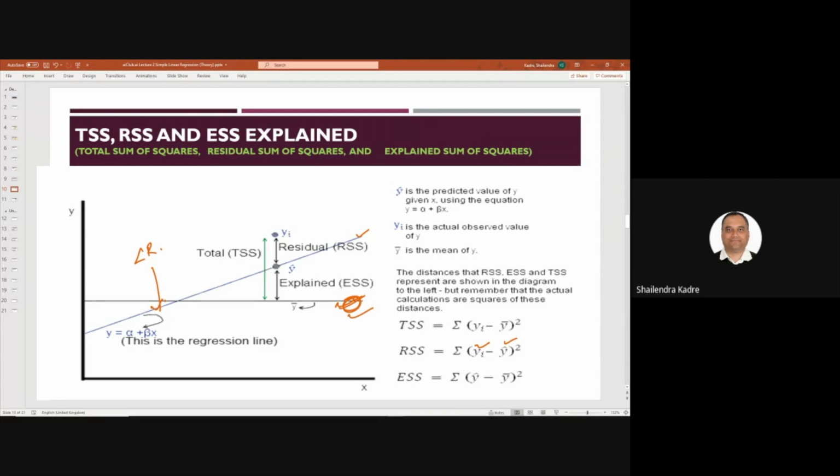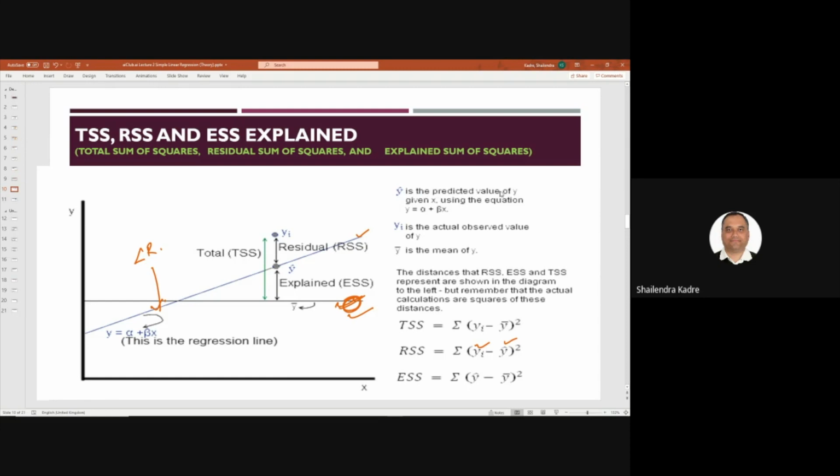We define all our terminology and calculations with the help of the reference model. The reference model is this mean horizontal line, horizontal to the x-axis.